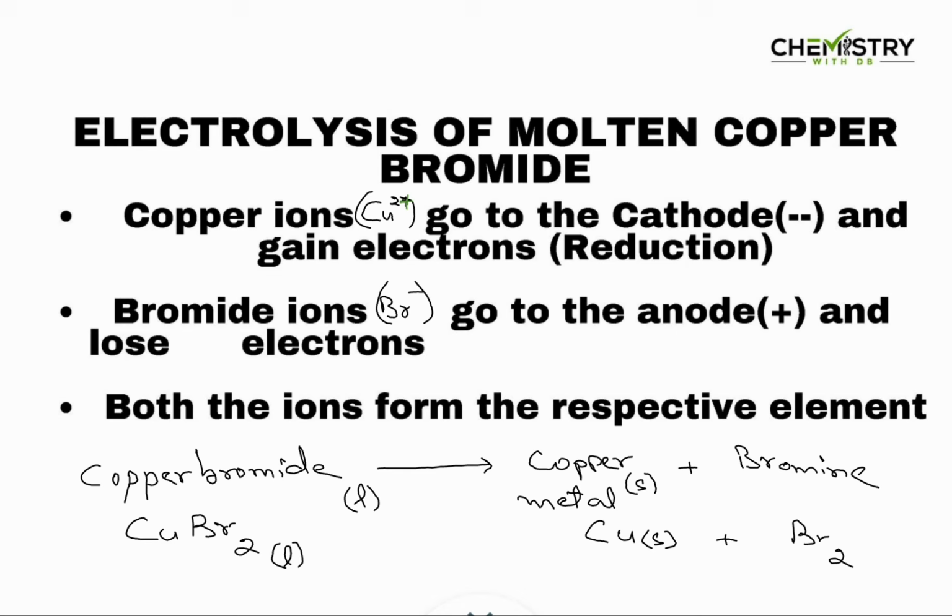Bromide ions, which are negatively charged, will go to the positive anode, because positive and negative particles always attract each other. There, being negative ions, they will lose electrons to form the element. Copper ions will form copper metal, and bromide ions will form bromine element.